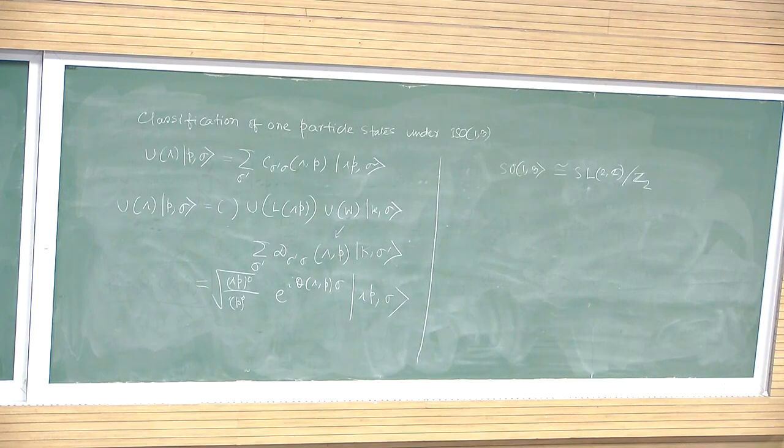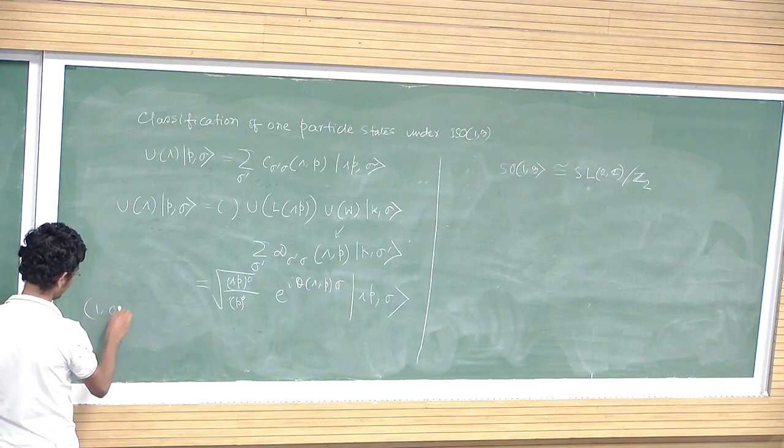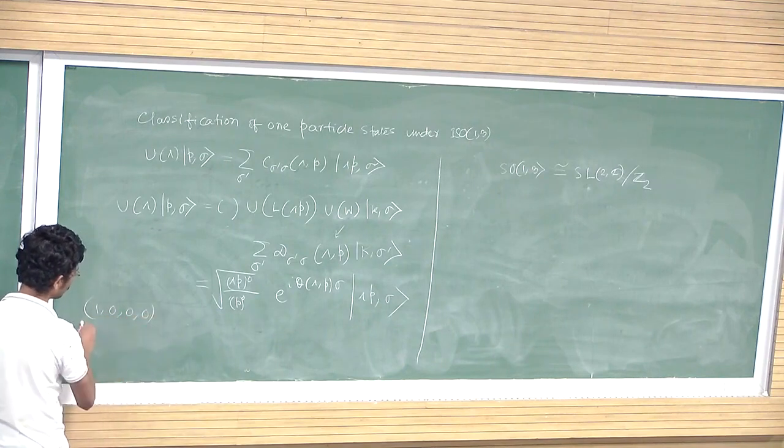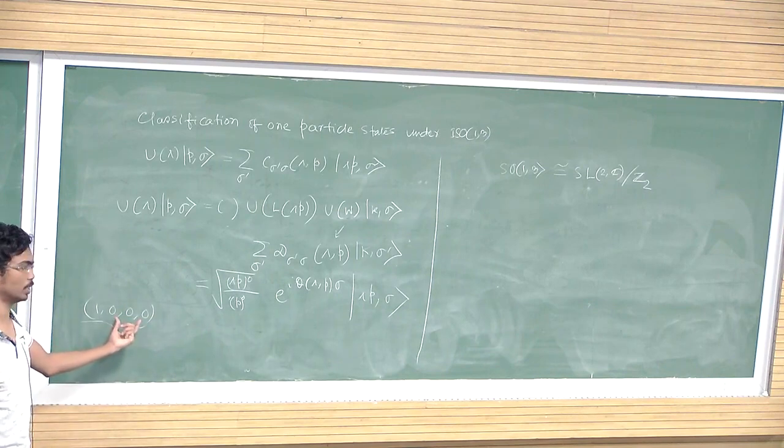It is basically telling you that under Lorentz transformation sigma does not change, but for the massive particle this quantum number will change. For the massive particle, the momentum that we choose is (1,0,0,0), and from here you can guess the little group will be the rotation group.